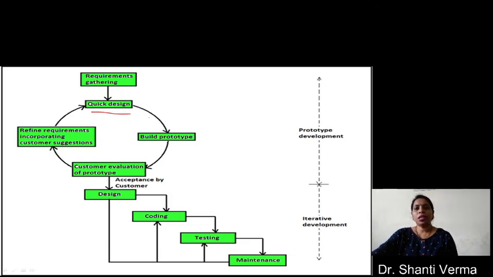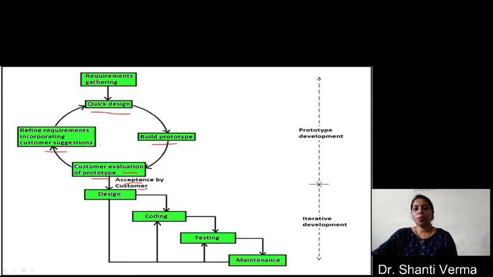First you build the prototype, then the customer evaluates your prototype and gives feedback, then you refine the requirements in the first prototype, and again test with the customer whether these requirements are satisfied or not. This whole cycle is repeated till the customer accepts the design.